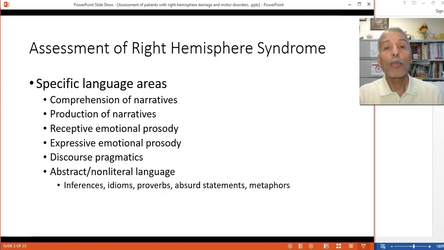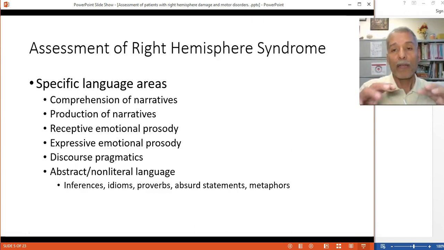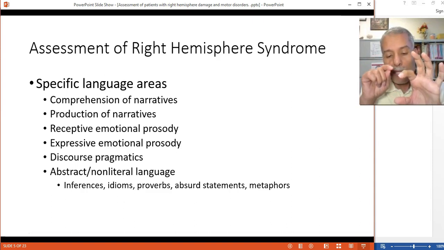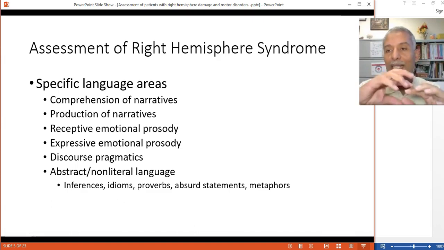And the people with right hemisphere damage would have difficulty comprehending the meaning of an entire paragraph, the meaning of a little story that is 3 or 4 sentences, what is implied, things that you construct by adding one sentence to the next, to the next, to the next, and then extracting a meaning out of that.